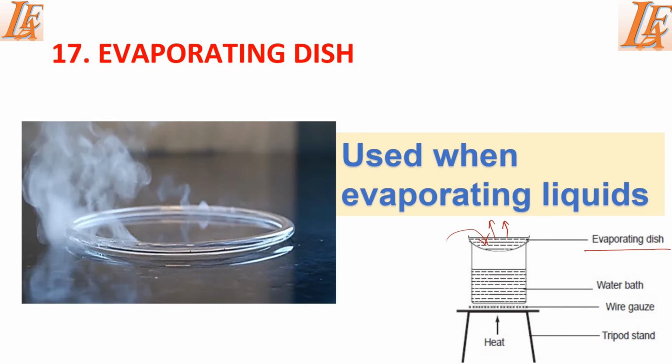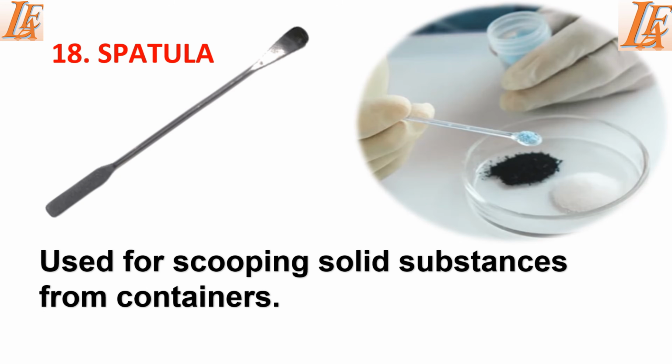Another apparatus that we have is a spatula, and a spatula is a small, flat, spoon-like tool made of metal. Sometimes it can be made of porcelain, and this instrument is used to scoop, transfer, or sometimes mix solid chemicals in the lab. Like you can see in this case, we have the first chemical here on the right side of the screen, which is white.